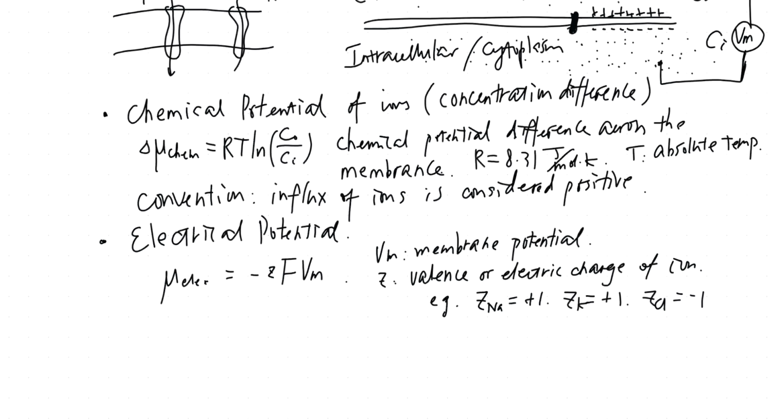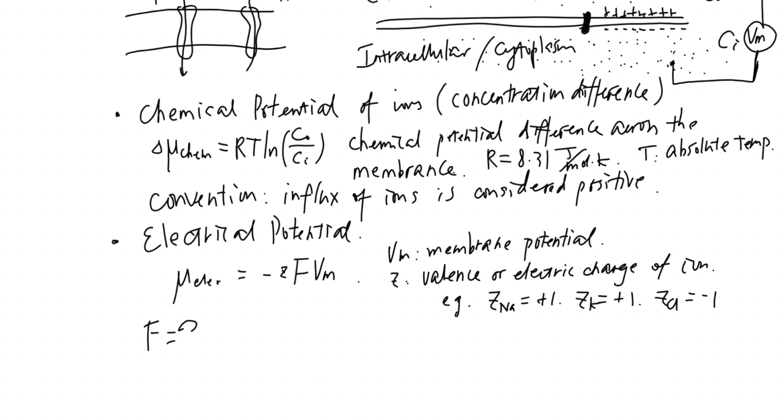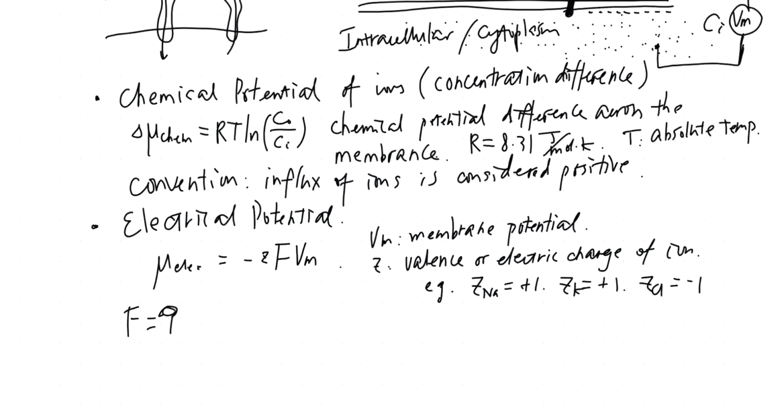Now this F is 96485.3 coulomb per mole. This is Faraday's constant.